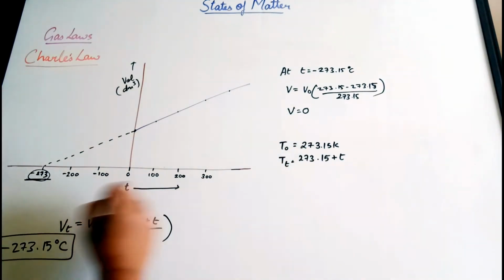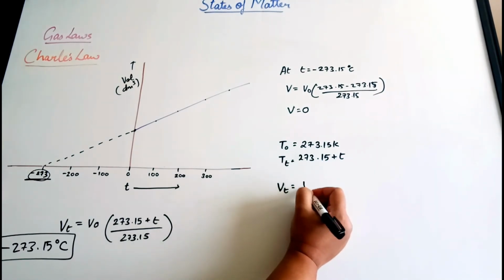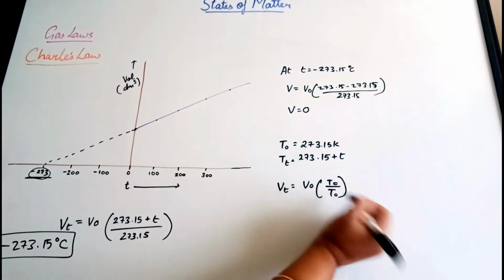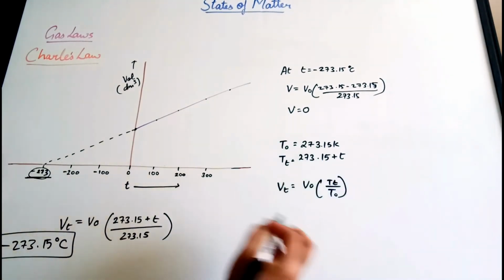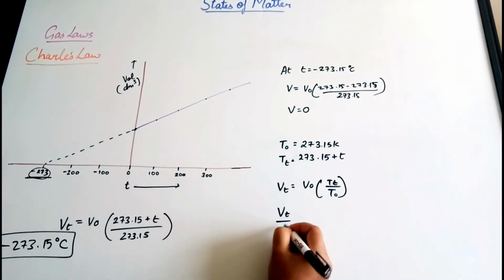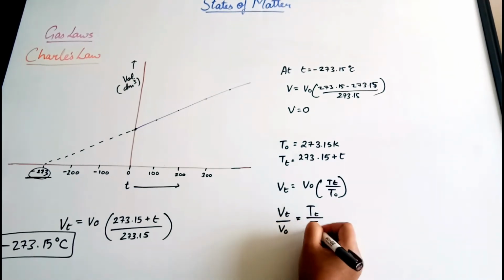Then this will get changed to Vt equals V0 into Tt by T0. So this again can be simplified as Vt by V0 equals Tt by T0.